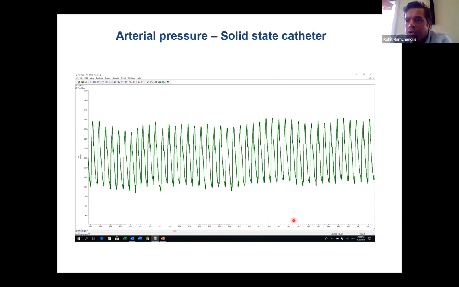Whereas in this scenario, because it's solid state, it can stay in the animal and effectively give you very good measurements for as long as you want. We've gone on with some of our paradigms for about 3 to 4 weeks, and we're really happy in terms of the fidelity of the arterial pressure recordings that come out.